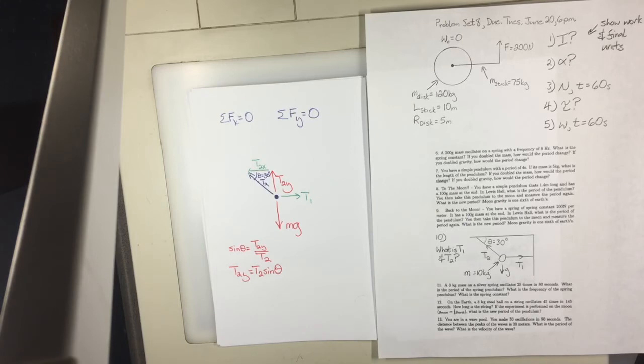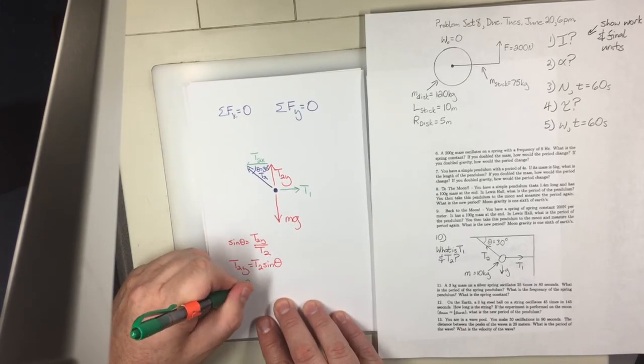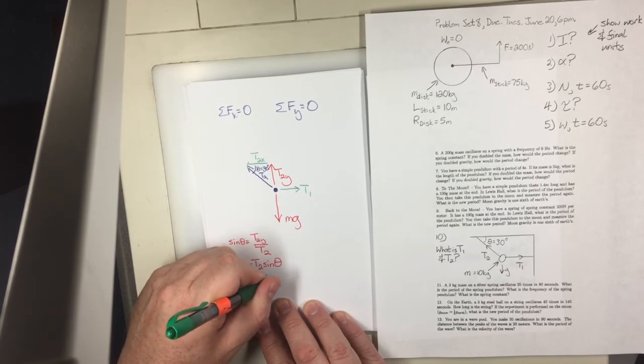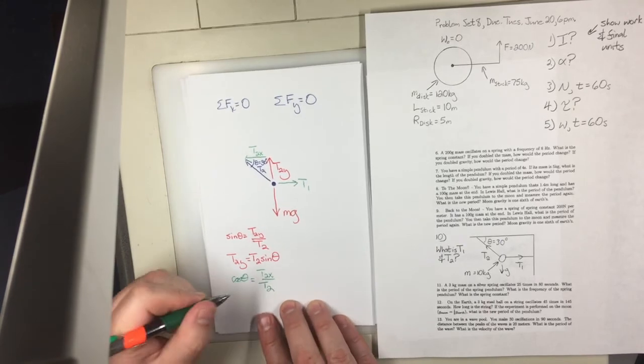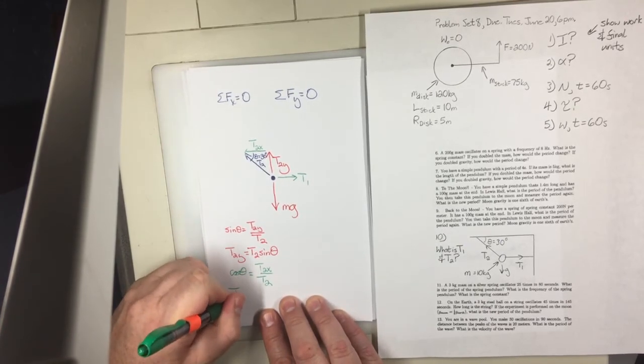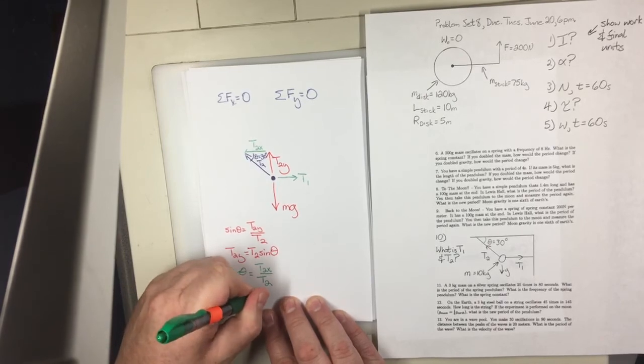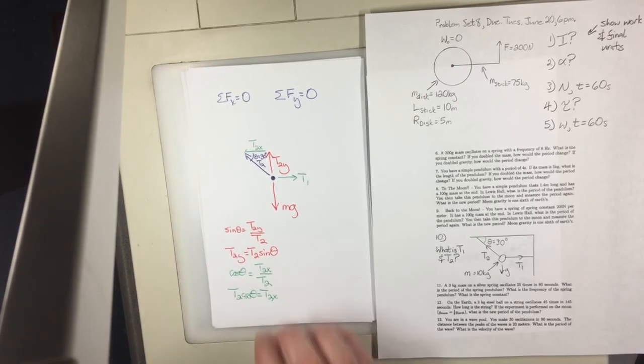I know that cosine theta is T2x over T2. So T2 cosine theta is T2x. Now T1 is entirely in the x direction. It is a pure x vector. mg is a pure negative y direction vector. So I don't have to break those down.